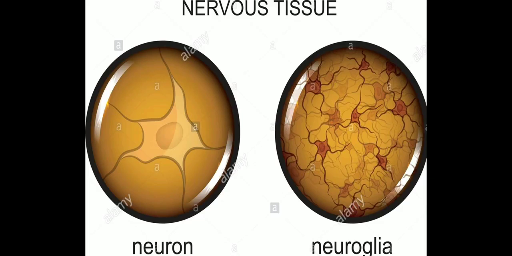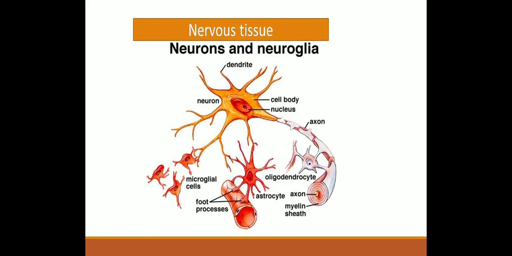Now, neurons are the structural and functional unit of the nervous system, whereas neuroglial cells are non-nervous and supporting cells. Now, these neuroglial cells are filled in the interneuronal space. That means the space between two neurons.